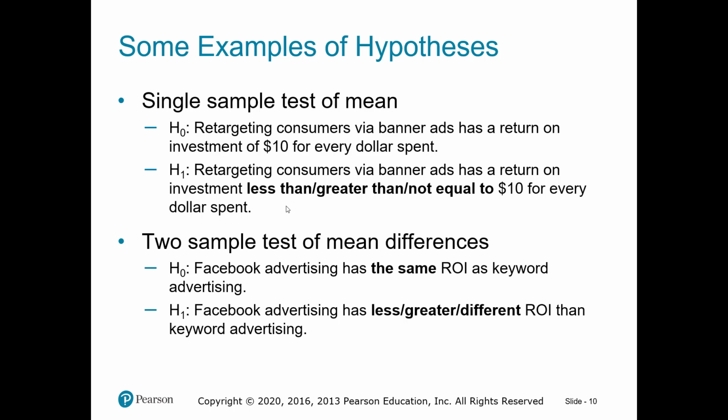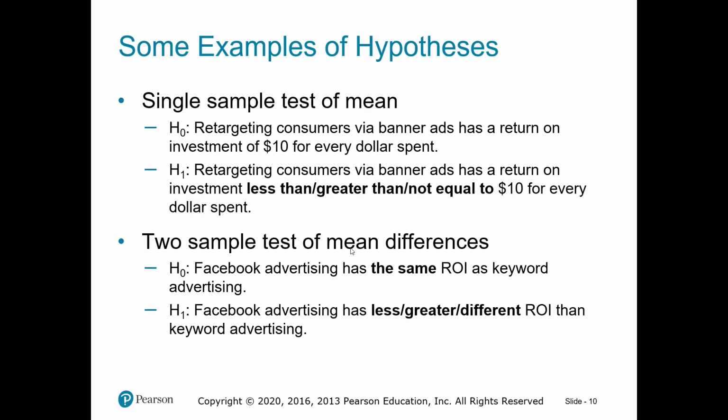Now, depending on the type of alternative hypothesis, and we're going to talk about this in the individual videos, we could look in one direction, a one-tailed test. So we could see whether it's less than $10 or greater than $10, or whether we're looking in both directions, not equal to $10. So there's 3 different alternative hypotheses, but they're all trying to prove that the return on investment is not equal to $10.